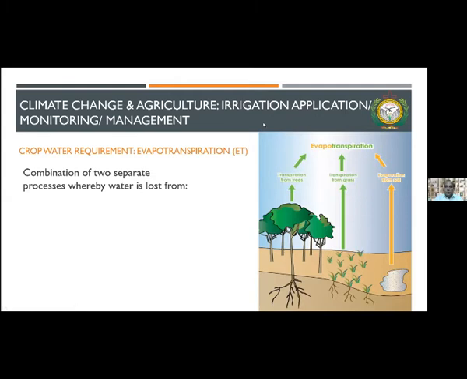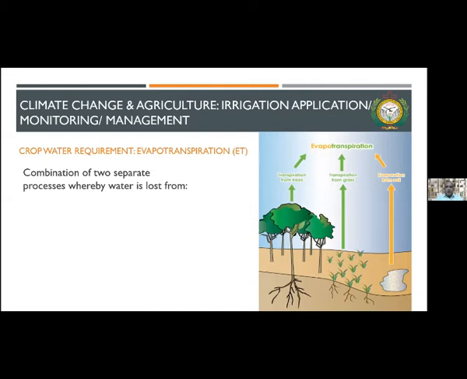I'm not going to go deep into it, but in simple words, we all understand how much we should irrigate, how much water we should put into the crop so that its health is optimal. It should equal the amount which is being lost by the crop itself through the process of transpiration. And we are also including a component called evaporation, because within crops there will always be exposed surfaces where evaporation is taking place.